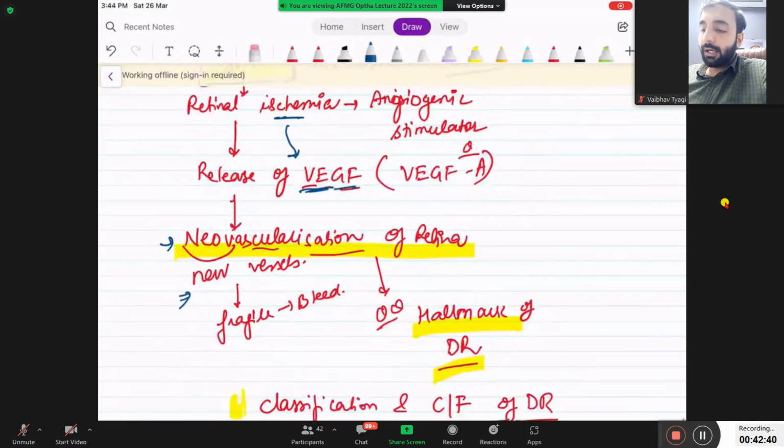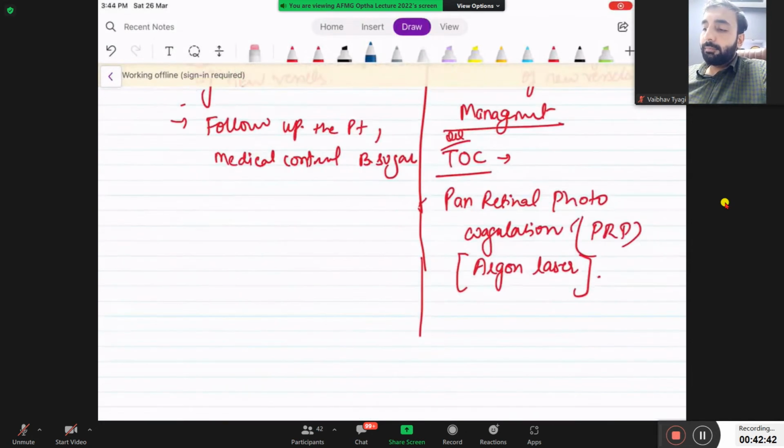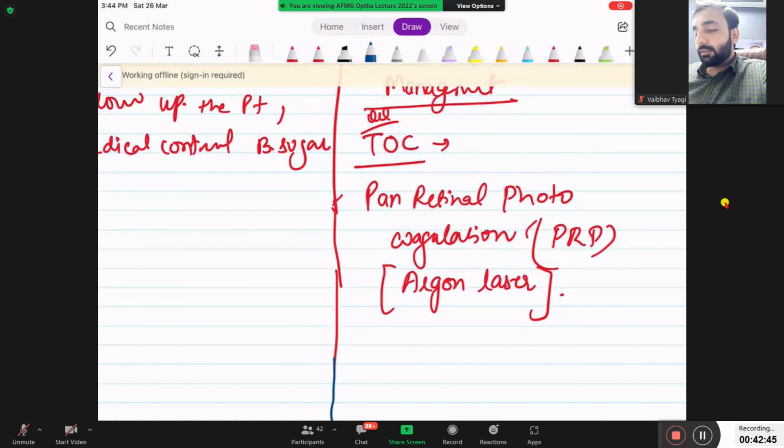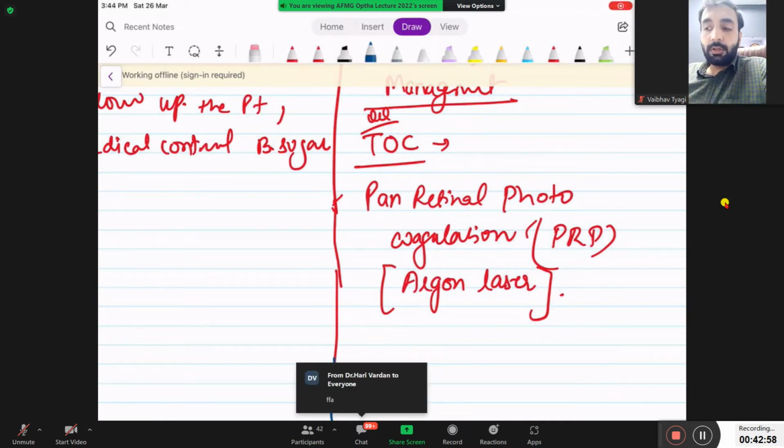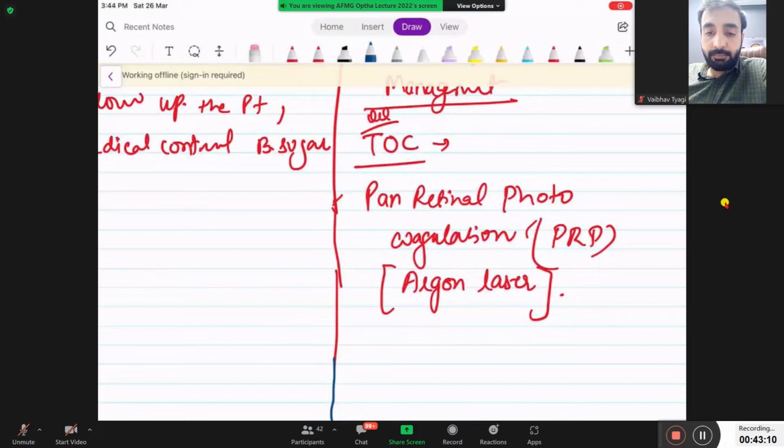With the help of argon laser, I will give certain burns at the sites which are leaking, and by which investigation will I see the points at which there is leakage? What is the name of that investigation? Tell me in the chat box. Before doing laser, FFA. Very good. FFA is an investigation which will tell me the exact location of leakage, and how will I quantify the macular edema because of that leakage?